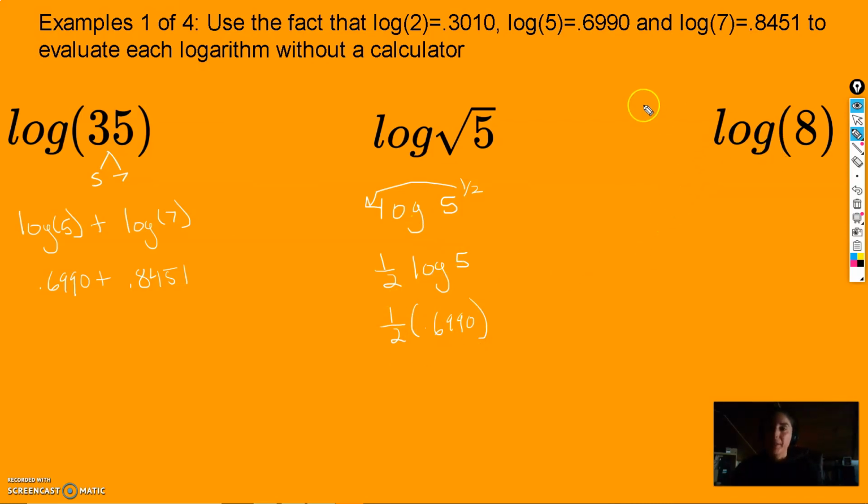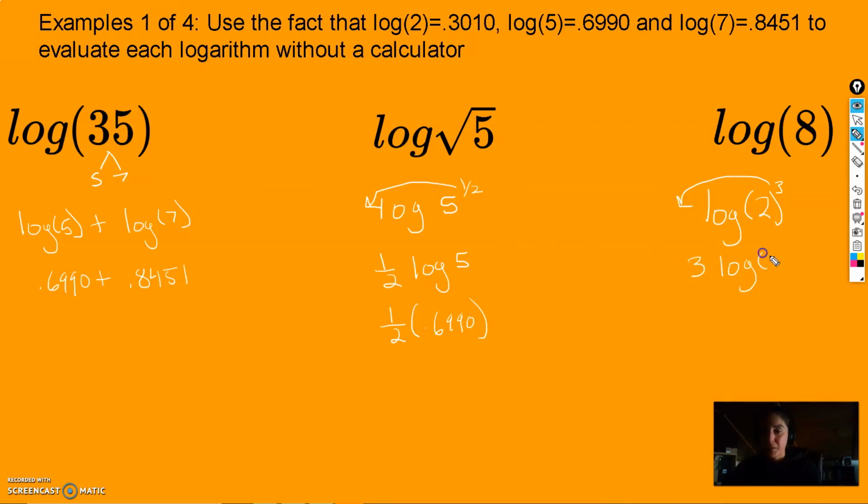Alright, what of log of 8? Well, we don't have an 8, so we have 7, 5, and 2. How could we do log of 8? Well, is there a way that I could make an 8 using only 2's? Yes, I can. If I remember that 8 is really 2 cubed, and then I can drop that 3 down in front.